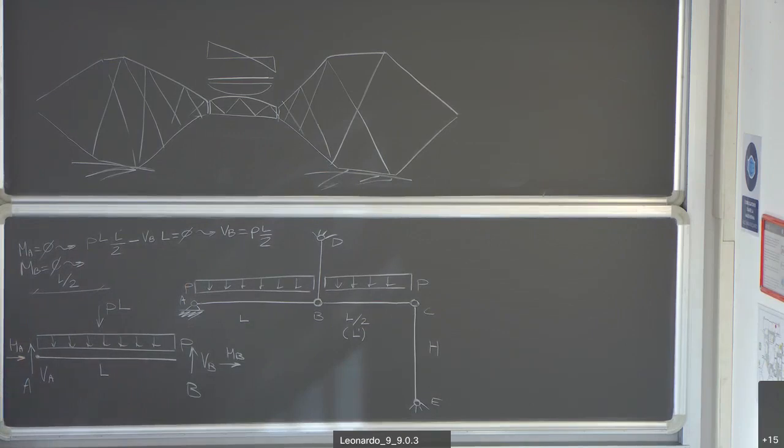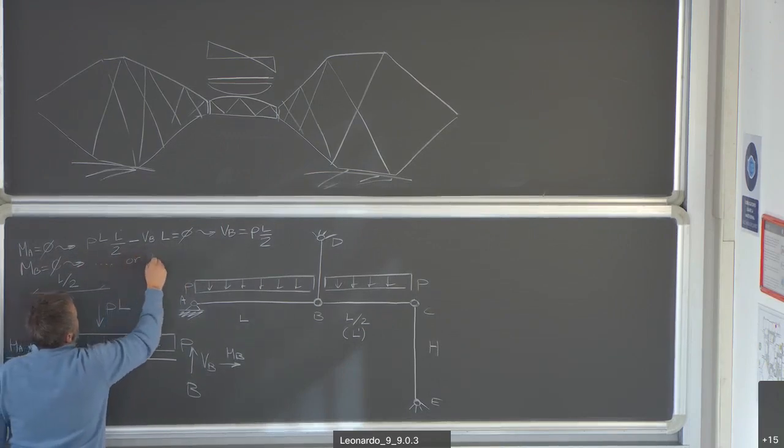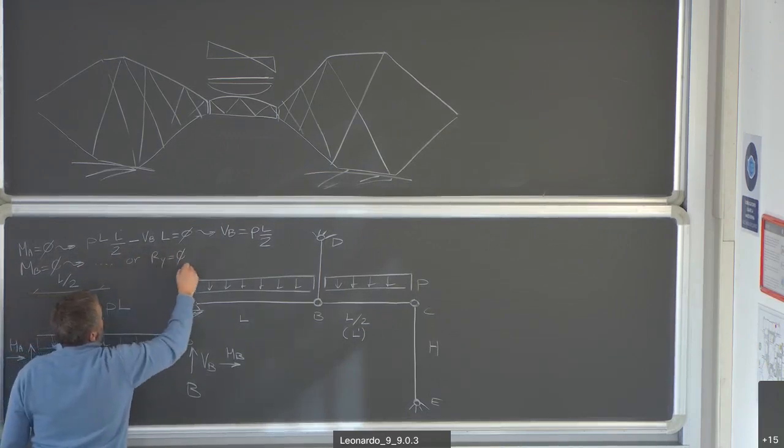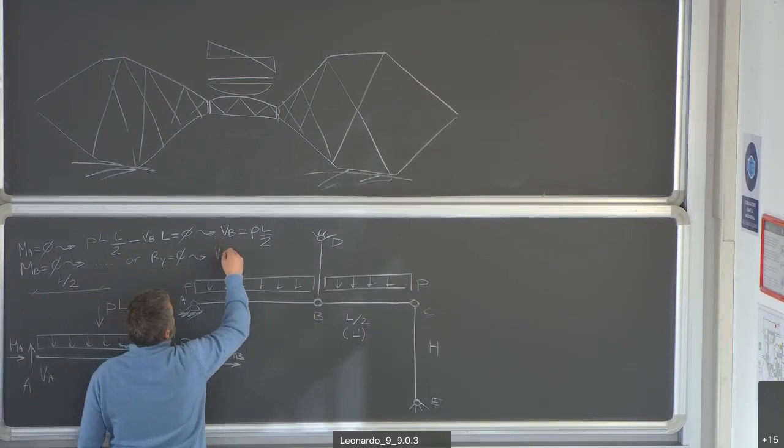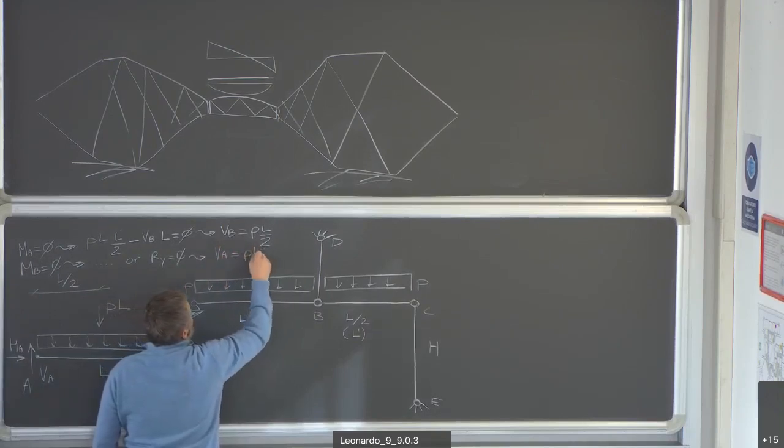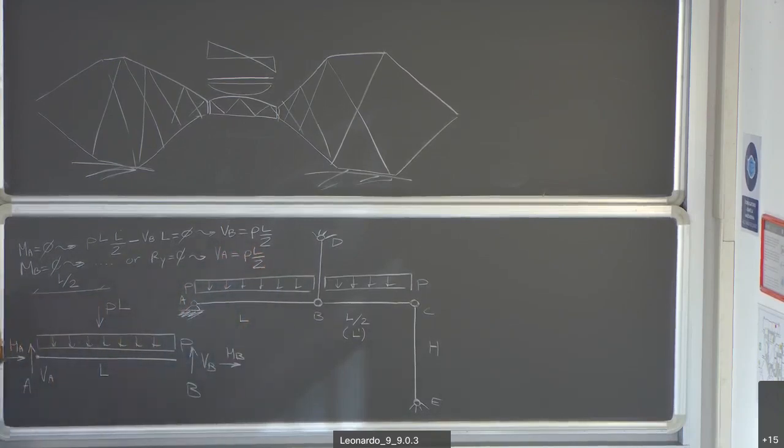This is a possible choice. Or Ry equal to 0, which gives me what? Well, if the total load applied is PL and half of the load goes there, then half of the load must go here. So the conclusion of both these equations is PL divided by 2.